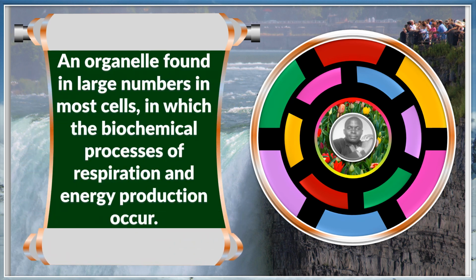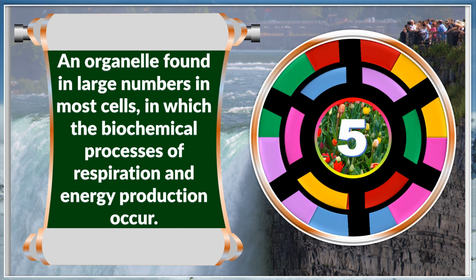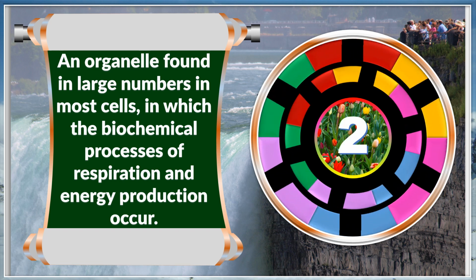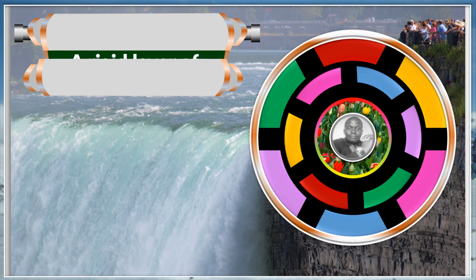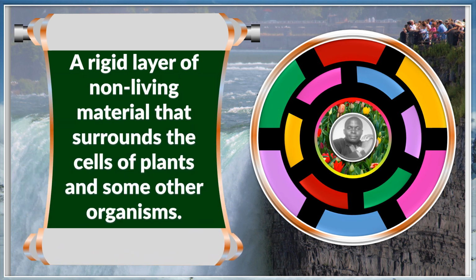An organelle found in large numbers in most cells, in which the biochemical processes of respiration and energy production occur. Mitochondria. A rigid layer of non-living material that surrounds the cells of plants and some other organisms.